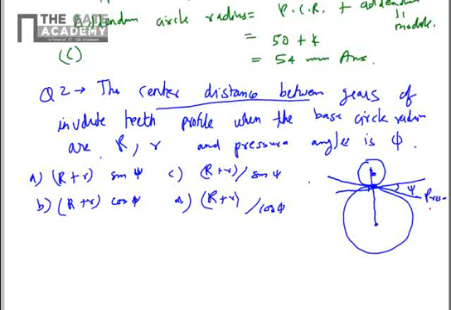So the line at inclination is the pressure line, and if you drop a perpendicular from the center of a gear to the pressure line, you will get the radius of the base circle. So you will get a base circle like this. This is the base circle for the wheel. Similarly, you will have a base circle for the pinion.